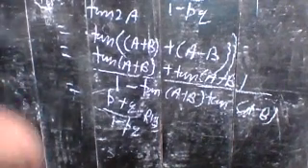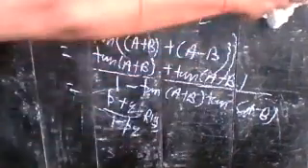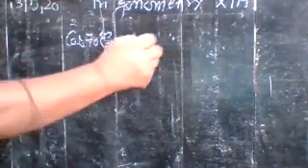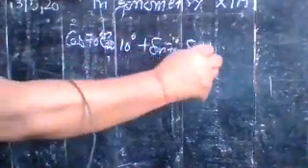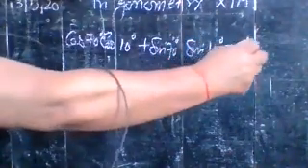Now next question. Yes, write it. Prove that cos 70° cos 10° plus sin 70° sin 10° is equal to 1 by 2.